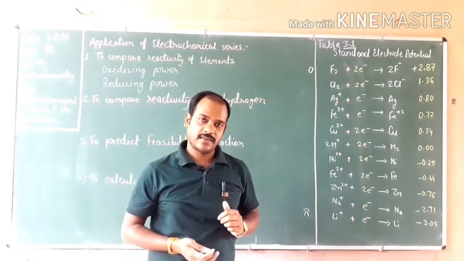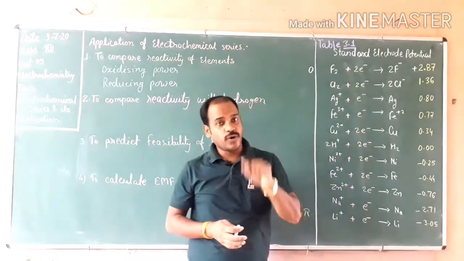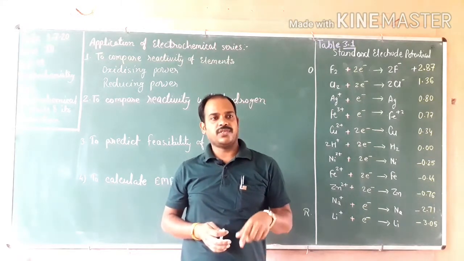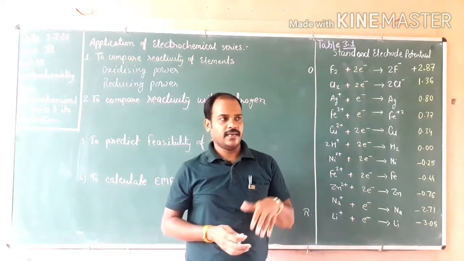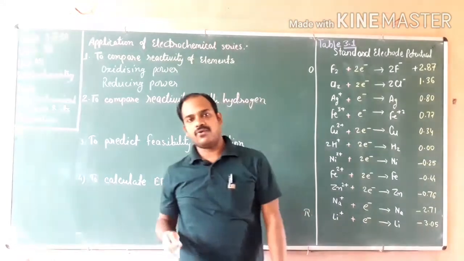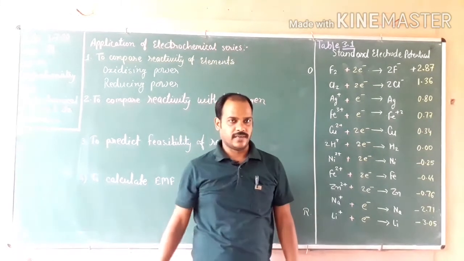What does it mean? It means that zinc is more reactive than hydrogen, and if we prepare a cell by using zinc and hydrogen, then zinc will act as anode and hydrogen will act as cathode, because zinc is more reactive than hydrogen.